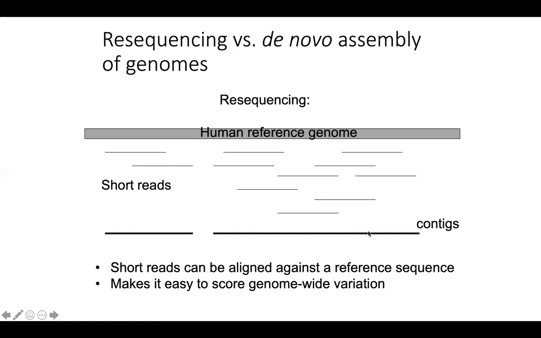And once we have a reference genome, this is an easy and cheap way to score variation in genomes, right? So any sort of personal genomics that is being run on people today for medical or just for basic interest reasons uses a form of resequencing and therefore brings down the costs and ups the reliability of those sequencing efforts.